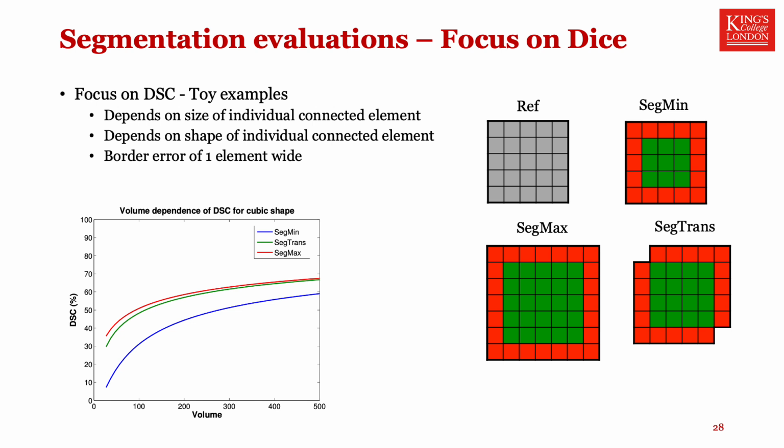And the thing is that, for instance, imagine you do the same type of error. Either you're over-segmenting by one voxel around, or you are under-segmenting by one voxel. So that's what the segmin and segmax are.